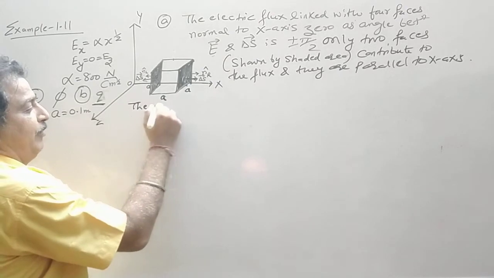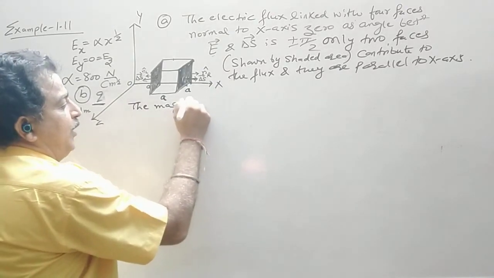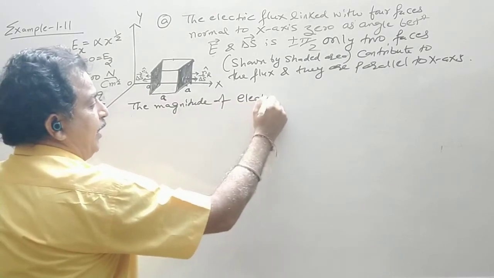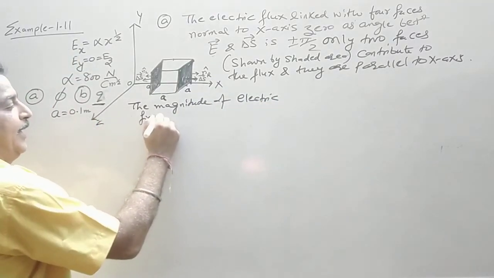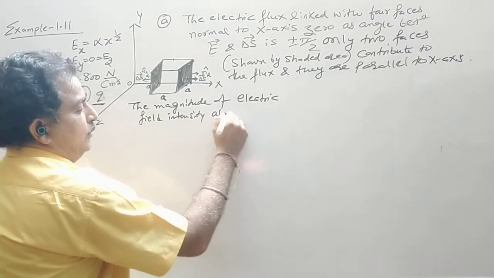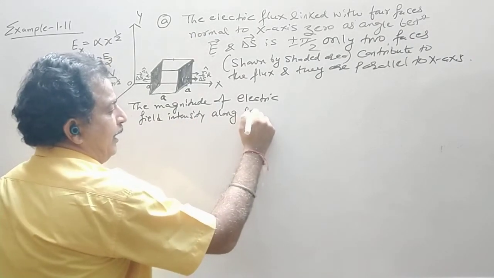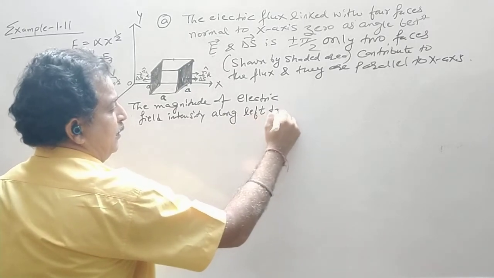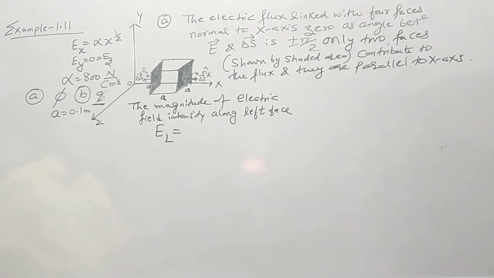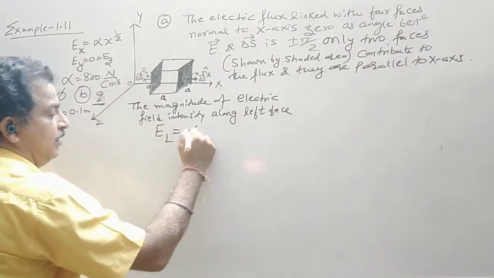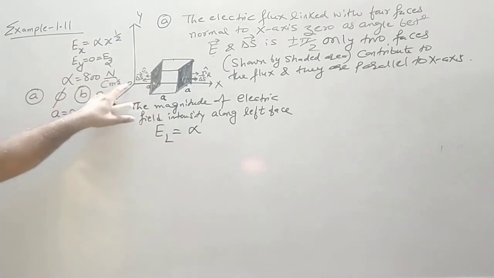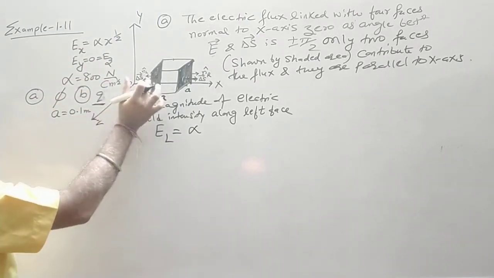So the magnitude of the electric field intensity along the left face. Let EL be the electric field intensity, that is alpha. The distance of this left face from the origin is A, given.